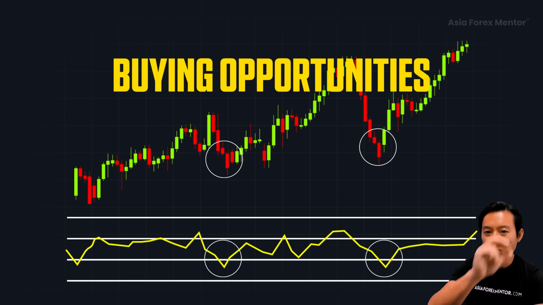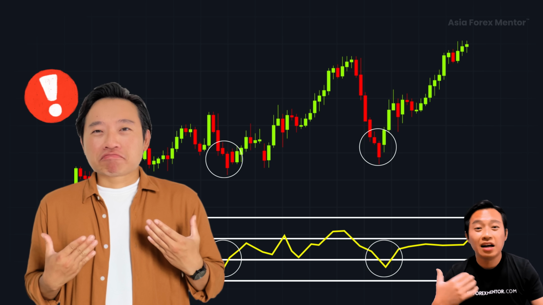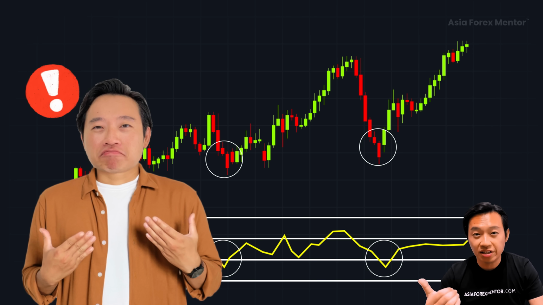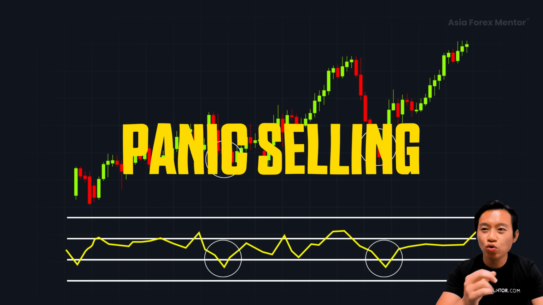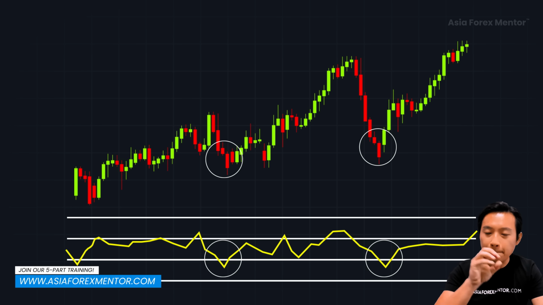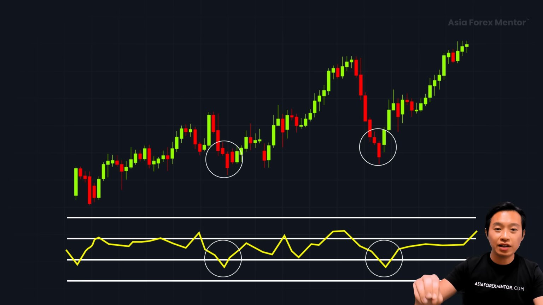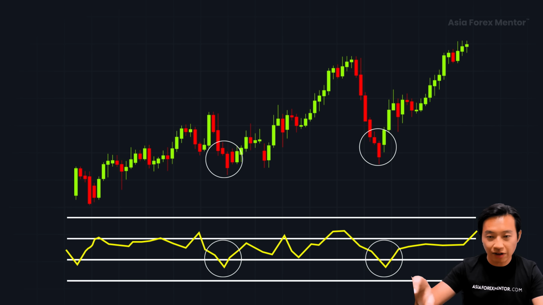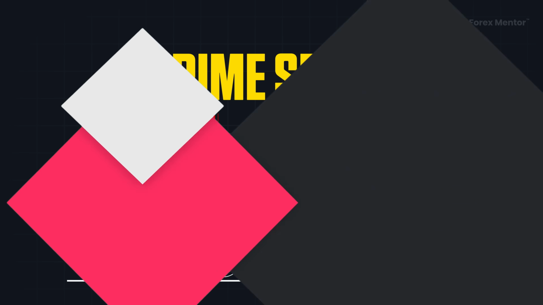These dips are moments of panic, fear, greed, a lot of panic selling. This creates the best time for you to take the other approach and buy when prices are low. As an investor or trader, these are the prime spots for you to get in.